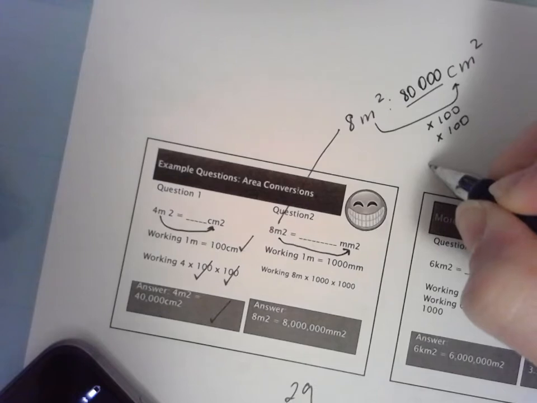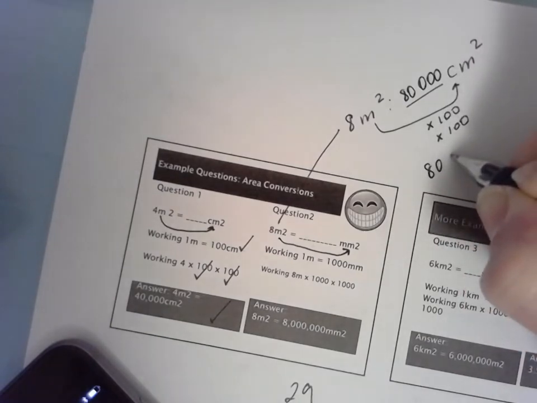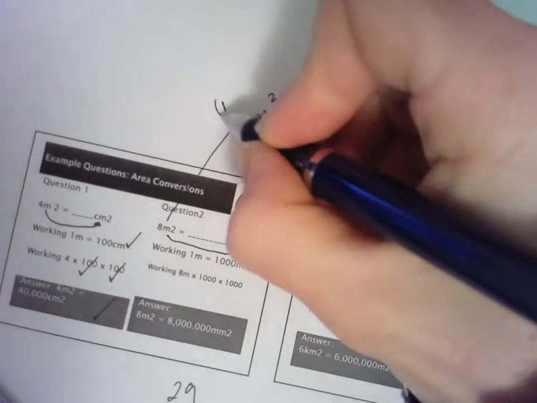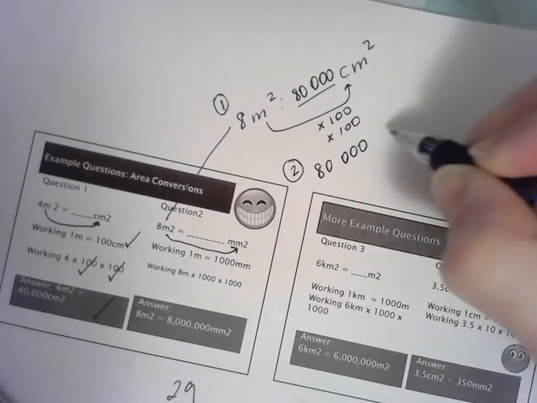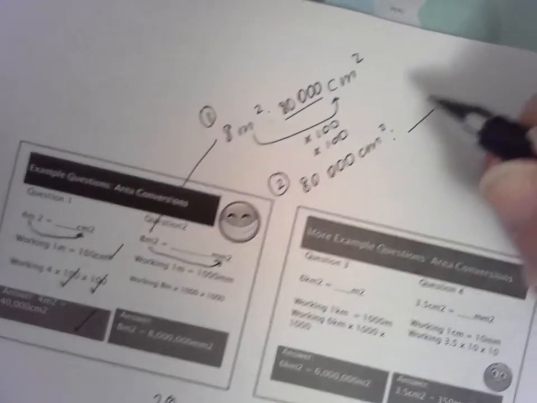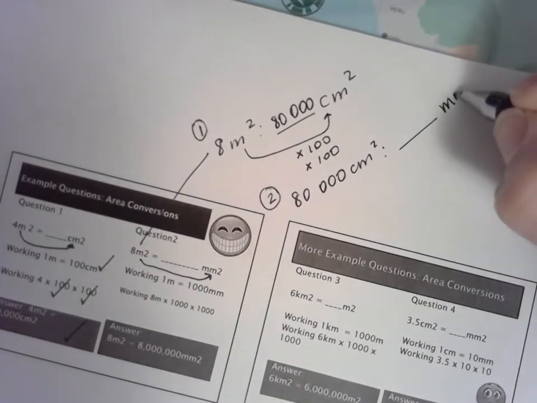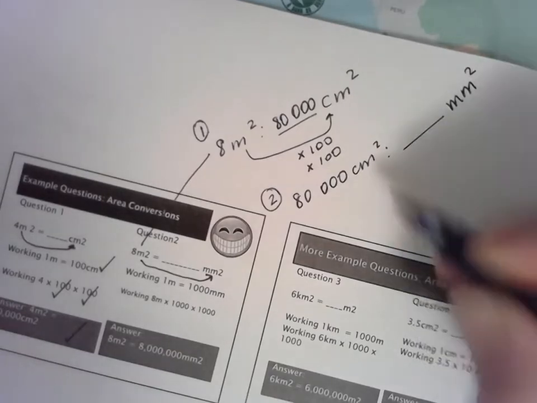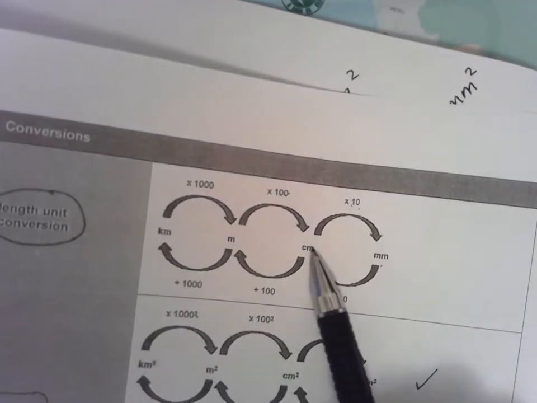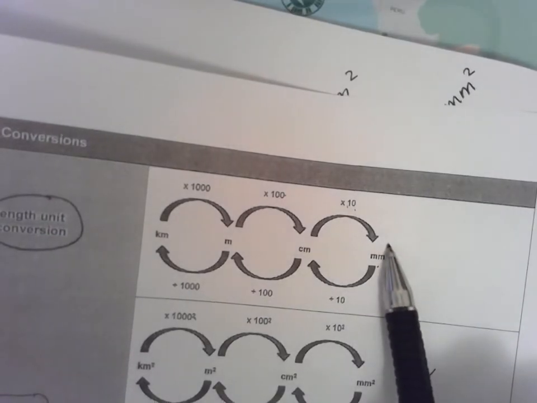Now I'll use the 80,000. So this is step 1. I now use my 80,000 centimeters squared to change it to millimeters squared. So centimeters to millimeters now. Go to your rule sheet. Centimeters to millimeters is timesing by 10.